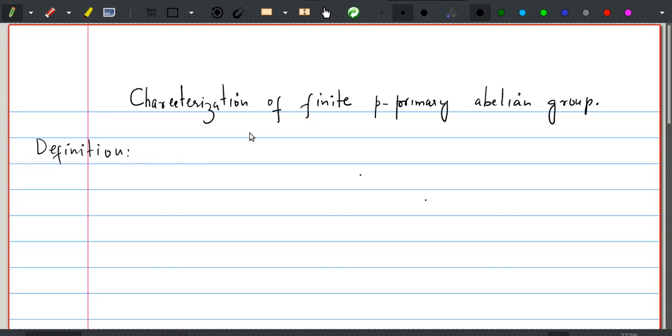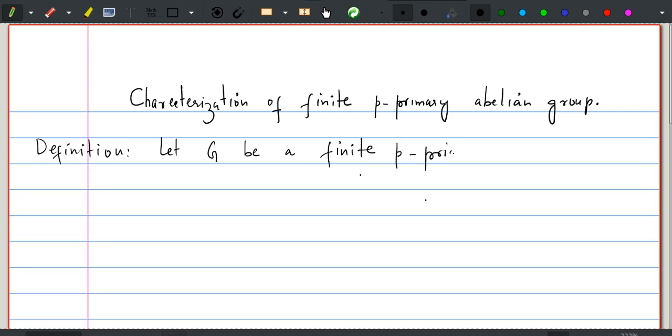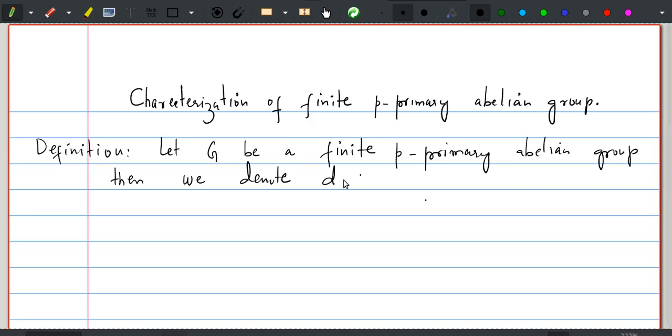So let G be a finite p-primary abelian group. Then we denote d(G).